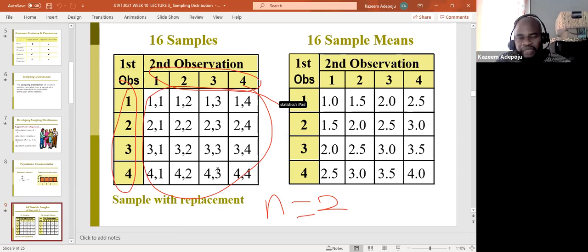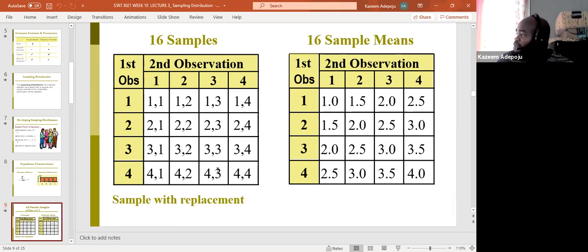If I'm sampling with replacement, of course, if I choose person number 1 and replace that, since I'm sampling at random, there's a possibility that I'm going to choose the same person on a second occasion. That's why we have 1 1, 2 2, 3 3, 4 4. These are the possibilities.